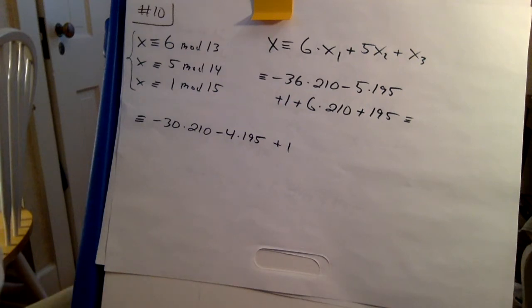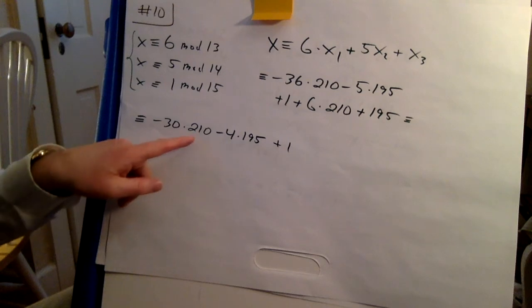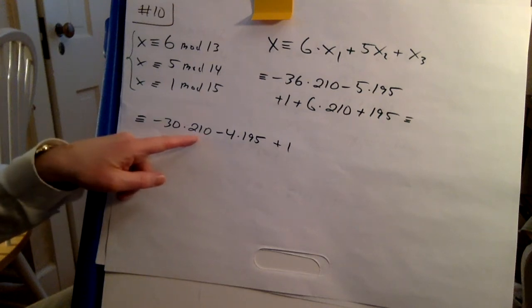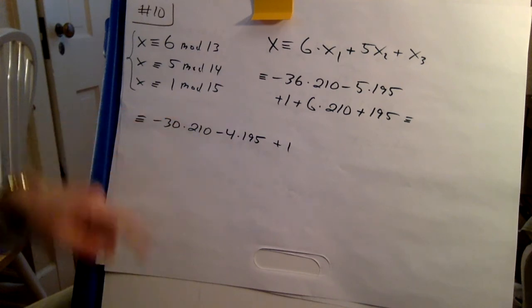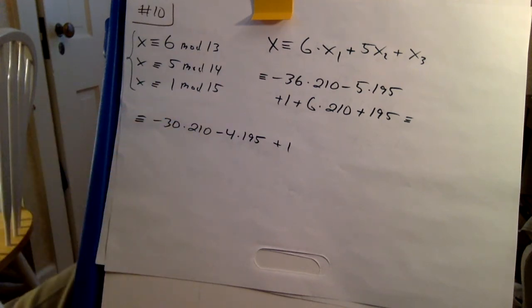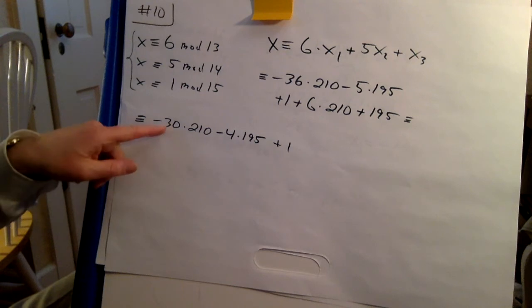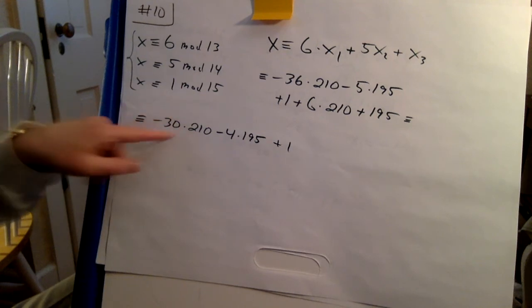Next, notice this is 14 times 15, so that means you can operate mod 13 over here. So we can add 13, we can add 39 here.